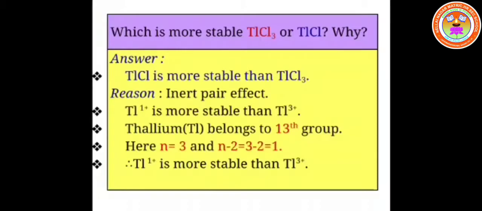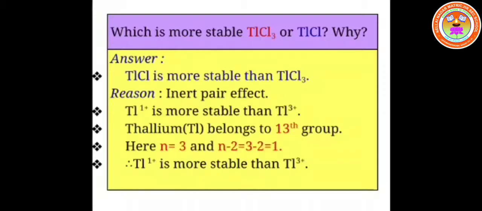Thallium belongs to the 13th group. So here n is equal to 3. How do we say n is equal to 3? 13th group, so 10 plus 3, that is 3. The 13th group elements exhibit +3 as the common oxidation state, and the highest oxidation state exhibited by 13th group elements is +3.